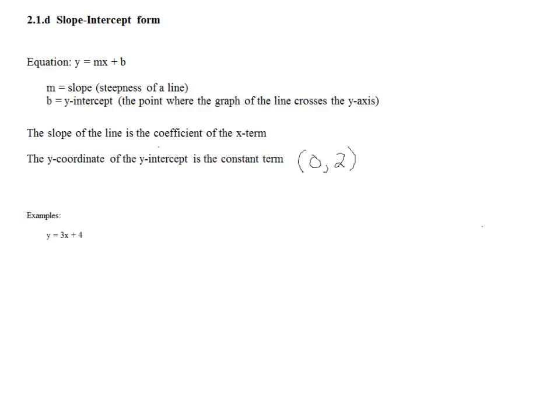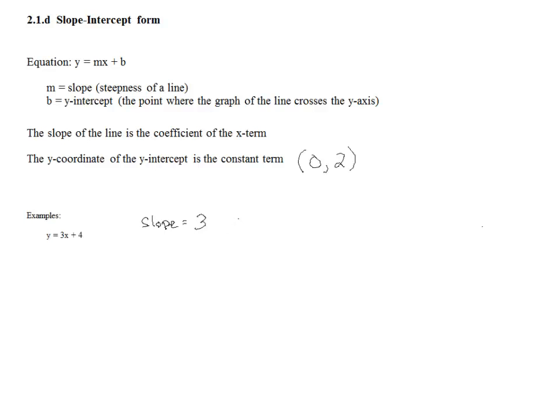So an example of this would be y equals 3x plus 4. If we were looking for the slope, we would look for, like in this equation, the m, or the coefficient of the x term. The number in front of the x is a 3, so our slope would be 3.